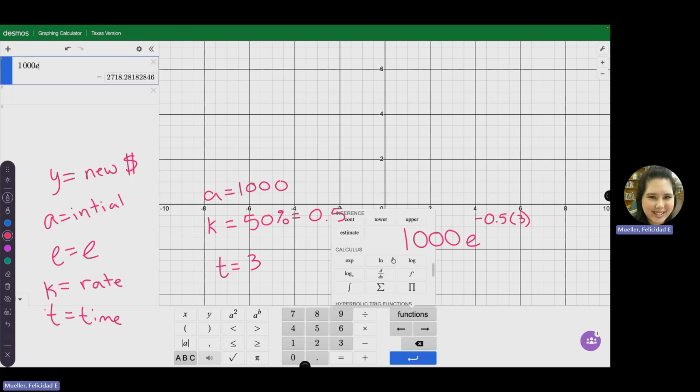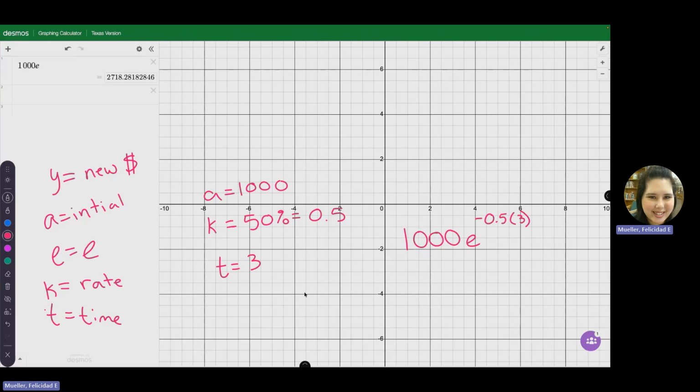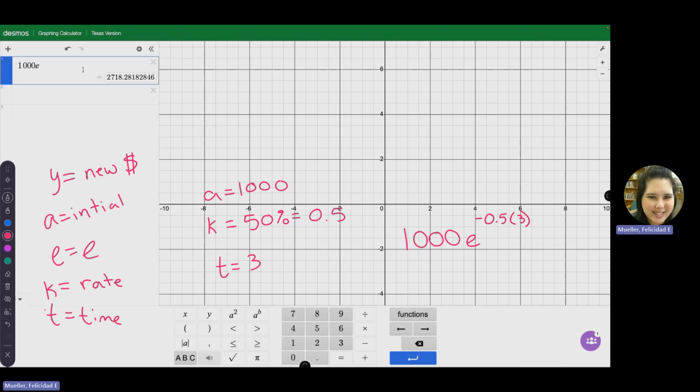It's not under functions, but if you ever need natural log or log base A, you find it under the calculus section. So we're going to just type in the letter E. I'm going to do Shift-6 to get to the exponent, and we said negative 0.5 times 3.